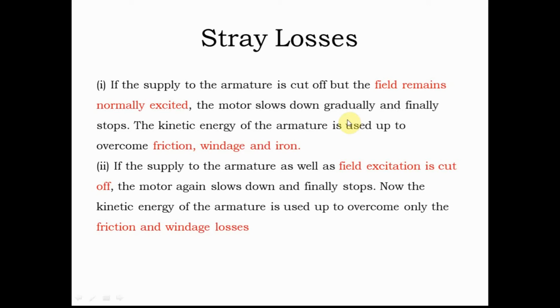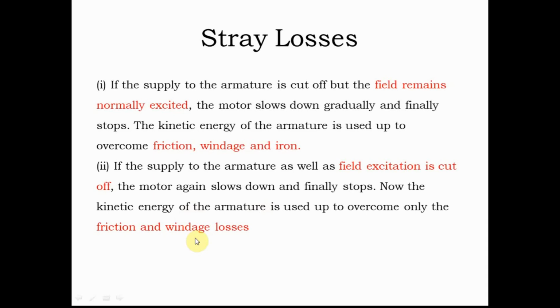So if the field remains excited once you cut off the supply, then the stray losses will be the sum of friction loss, windage loss, and iron loss. If the field excitation is cut off once the armature supply is also cut off, then the stray losses will include only friction loss and windage loss.